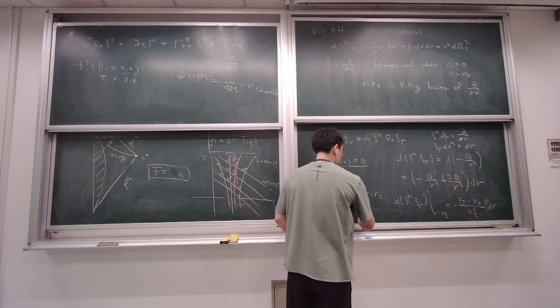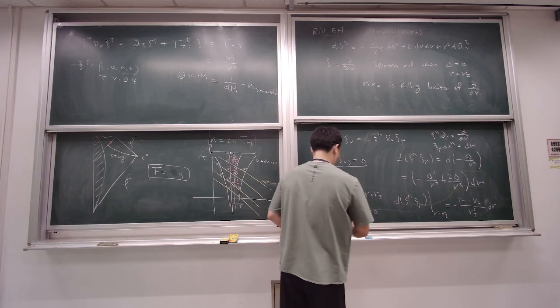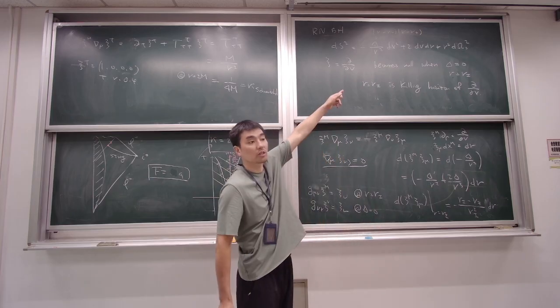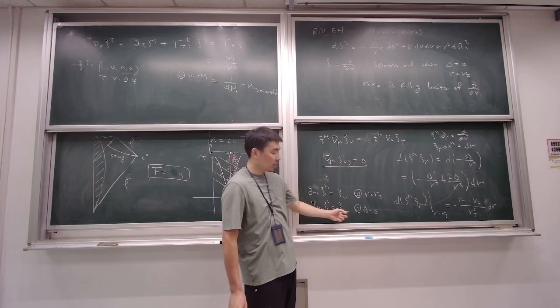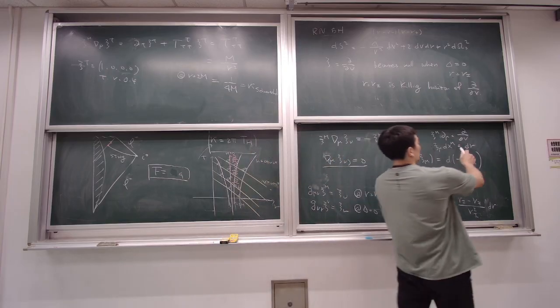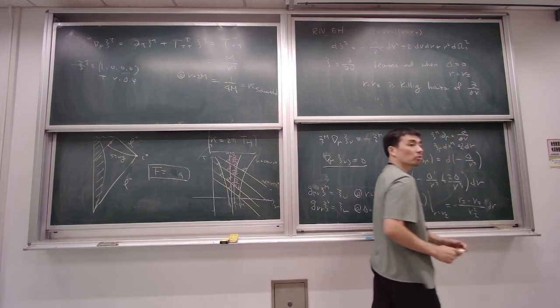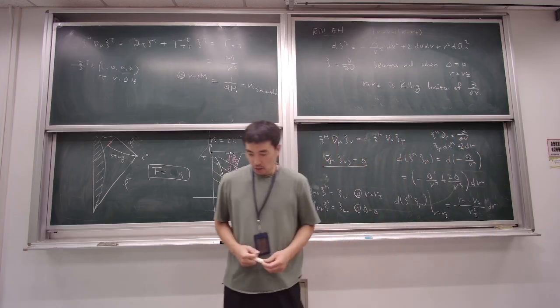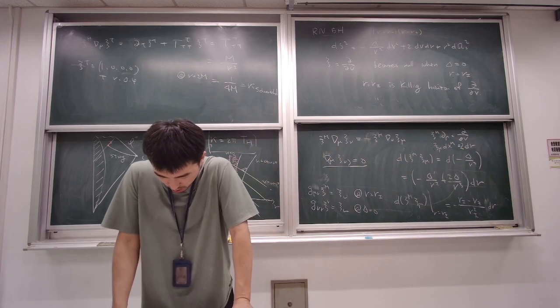At the horizon, delta equals 0. g_BR is the non-trivial thing. So therefore Xi_R is only the R direction. Yeah, and more precisely, this should be 2. Okay.